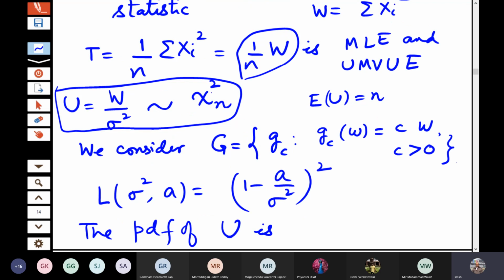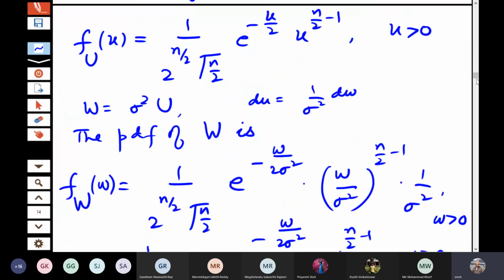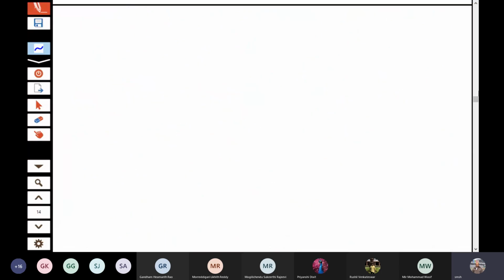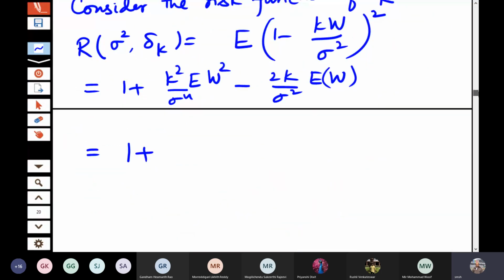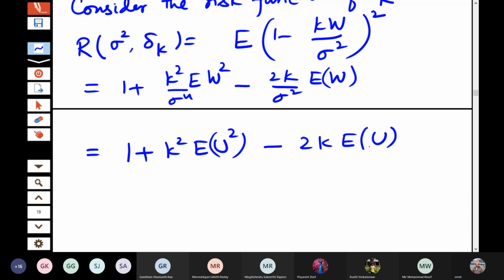So we already know the moments of that. So in terms of that, we can easily write down this so that the calculations become quite simple. So this is K square expectation of U square minus 2K times expectation of U.